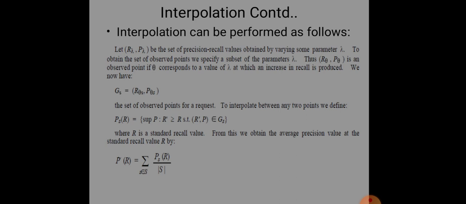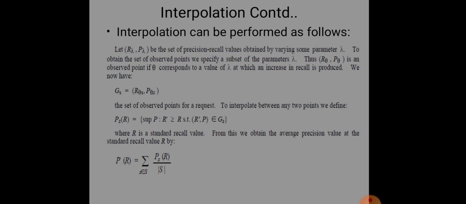Here R is the standard recall value. From this we can obtain the average precision value. By using the interpolation technique, we can find the intermediate precision value and the intermediate recall value.